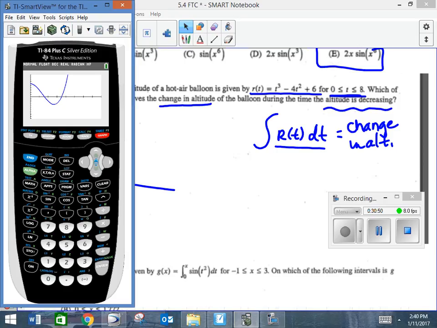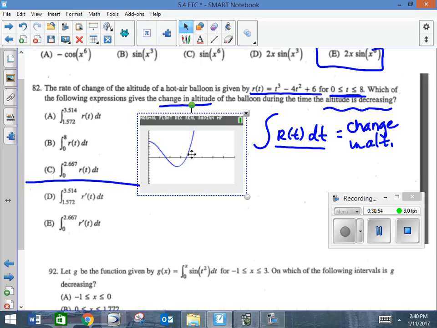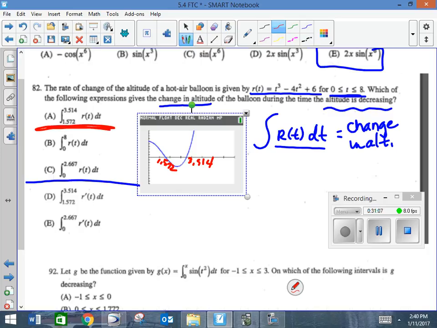Okay. So then you found these roots, I'm assuming, and that was where you got the 1.572 and the 3.514 here. And if you look at this now, this interval from this piece right here is decreasing. Can you tell me why that is all negative?